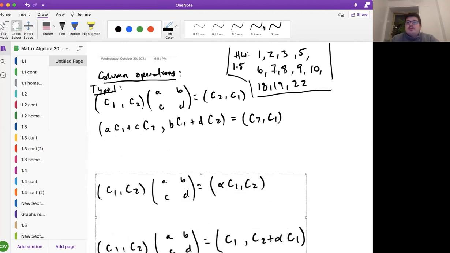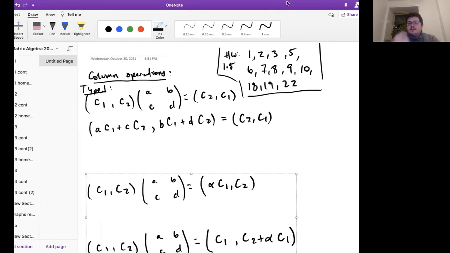Same thing with row swap, right? There's nothing much different here. So if I have A C1 plus C C2 equals C2, what do you know about A and C? Well, if A is equal to 1, then you're left with a C1, but I want a C2 in that position. It's the other way around.